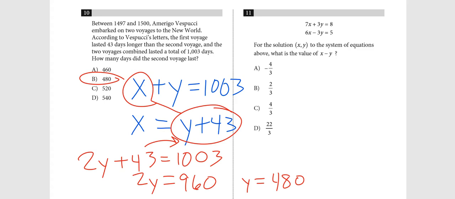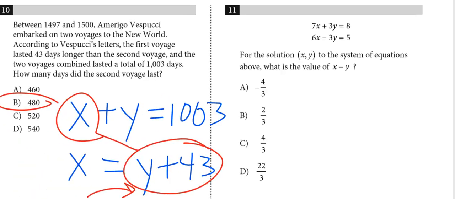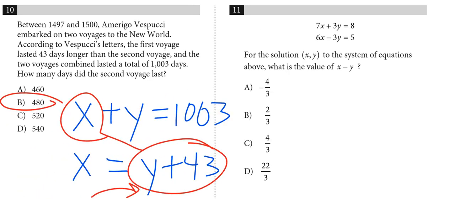I just did it in my head, I didn't write any work. Oh, yes. I'm so proud. But, hey, this is about speed, so I do understand what you're getting at there. If in your mind you could say, okay, take off the 43 days, cut it in half, it's the same thing. Good.